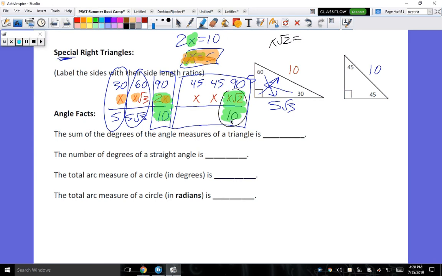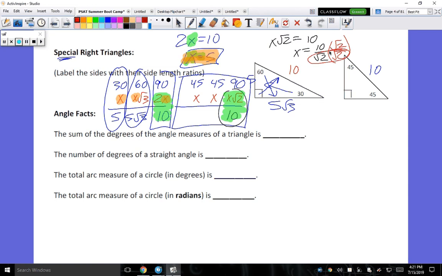We're trying to solve for x. And you get x is equal to 10 over root 2. Is that allowed? No, we can't have radicals in the denominator. So we need to rationalize. That means we need to multiply by what? Be careful. By a form of 1. Root 2 over root 2.